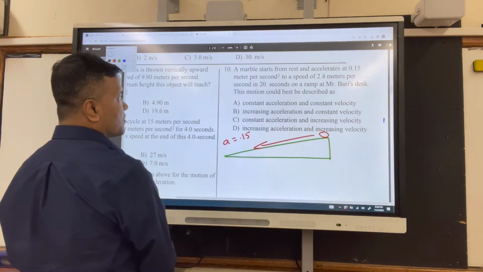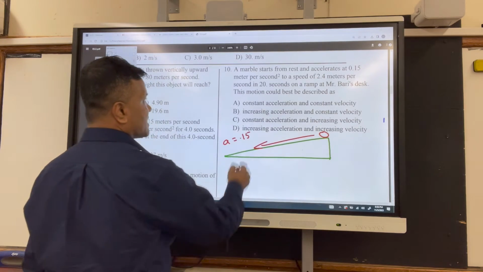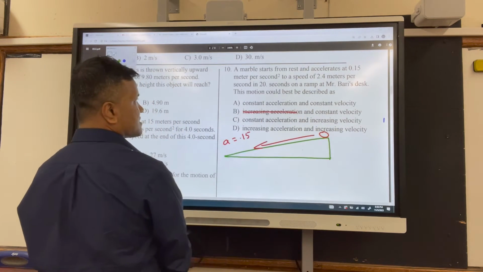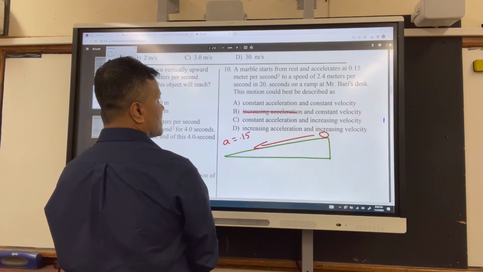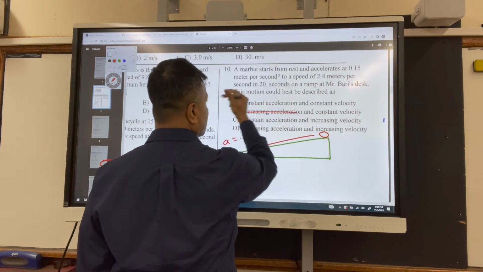This motion could best be described as... acceleration never increases. Acceleration is always constant. Constant acceleration, that's good.